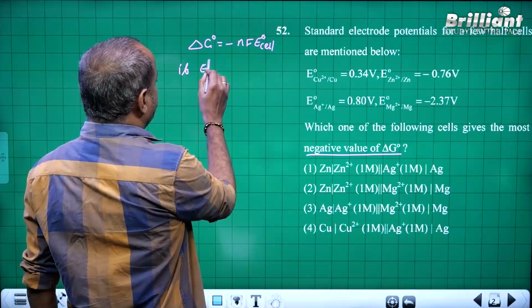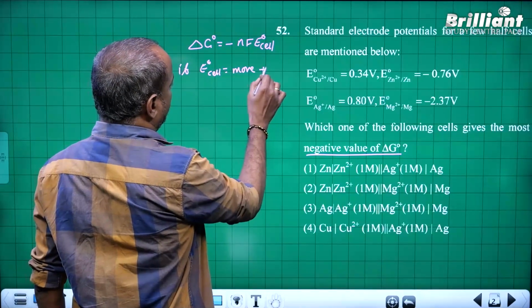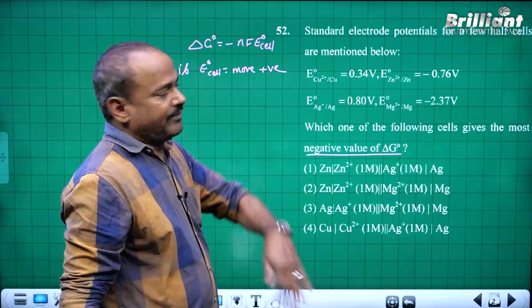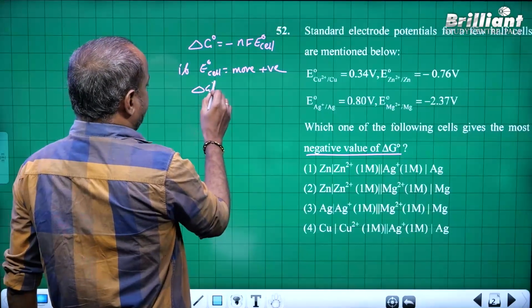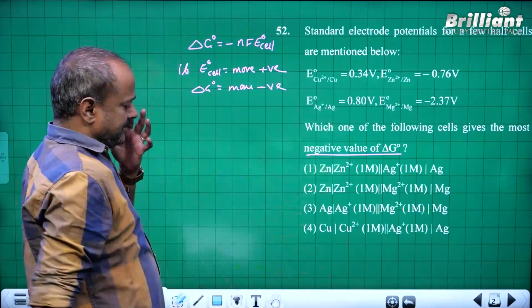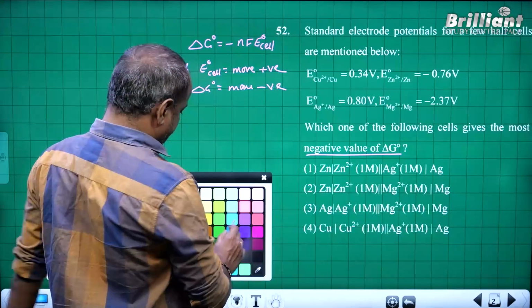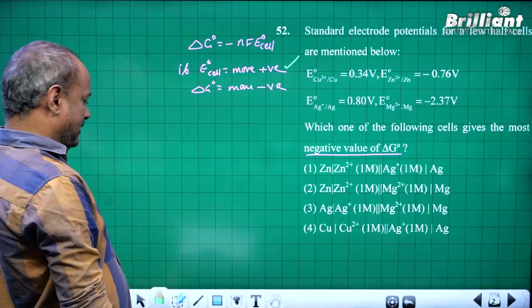If E naught of cell is more positive value, then positive into negative, negative sign. Delta G naught becomes more negative sign. So first condition important one, that is more positive value obtained.